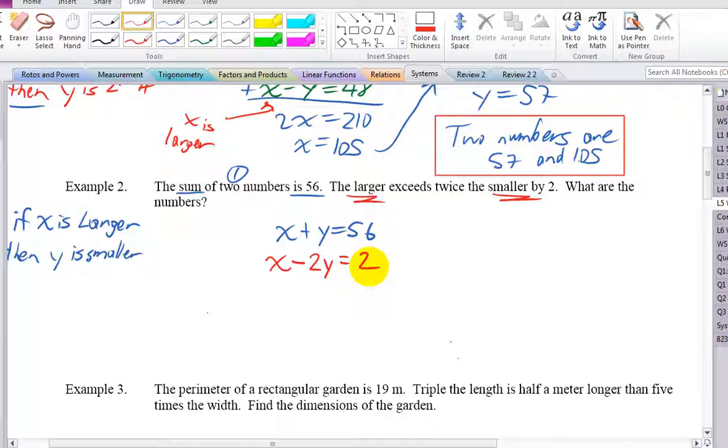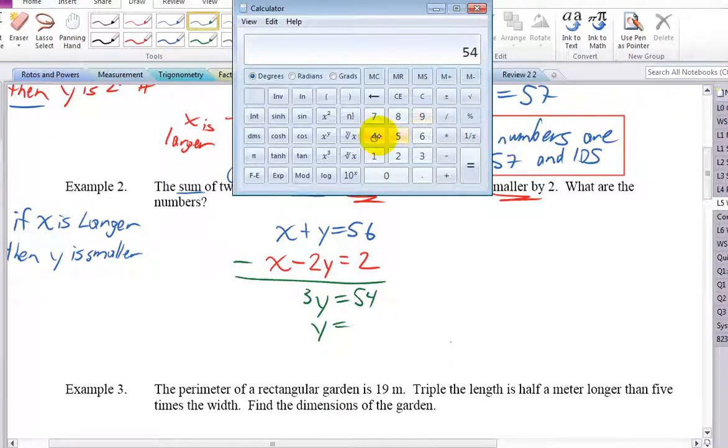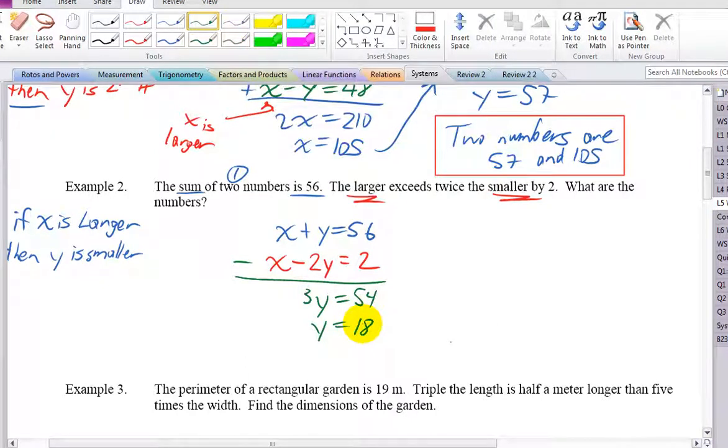All right. Okay, so let's solve. Should we add or subtract right now? Definitely subtract. Go ahead and eliminate. We get y equals 18. Now you can do elimination again, but they're so easy. Do substitution.